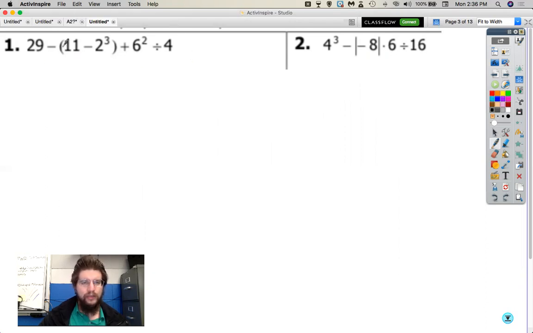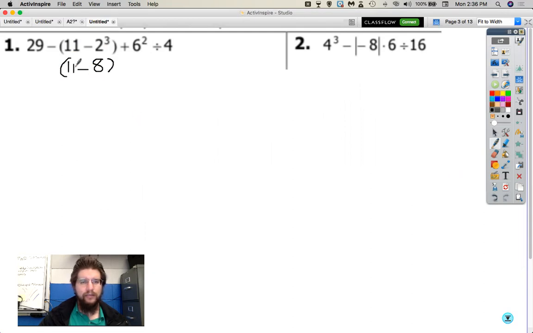I'm looking at this problem here. I see a set of parentheses. That's the only grouping symbol I see, so I'm going to do it first: 11 minus 2 cubed. Well, in here I see 2 cubed. So the very first thing I have to do is look inside the parentheses, and inside I have to do order of operations again. 2 cubed is 8. So this is actually 11 minus 8.